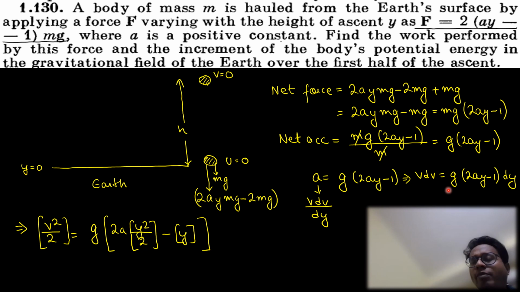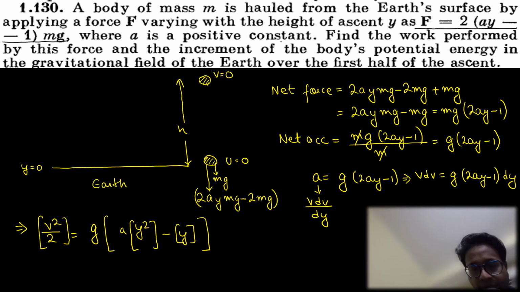Or you can add a constant and apply the boundary condition, but to save some time I'm doing direct integration. V dv is v square by 2, g is constant which is taken outside, integration of 2ay dy is 2ay square by 2, and minus dy is minus y. I can simplify a little: 2 and 2 get cancelled, leaving a y square.